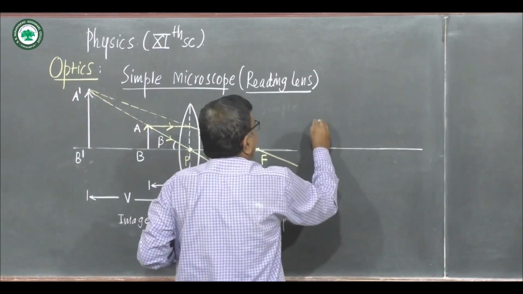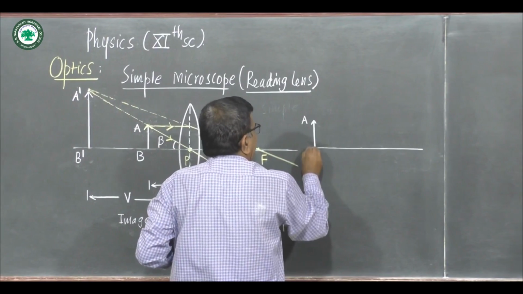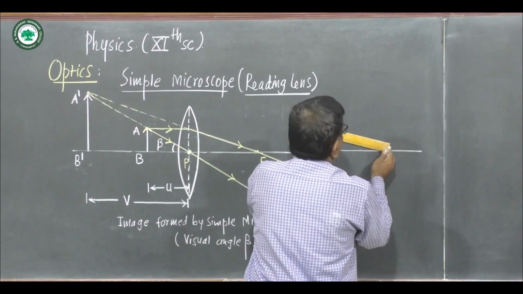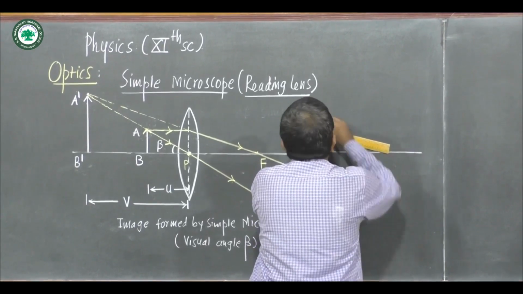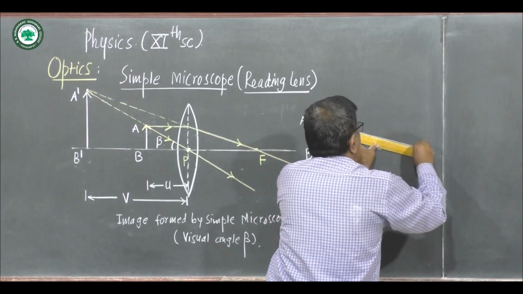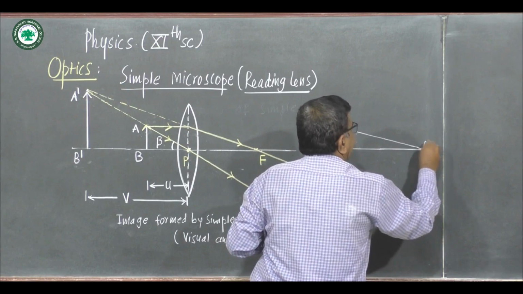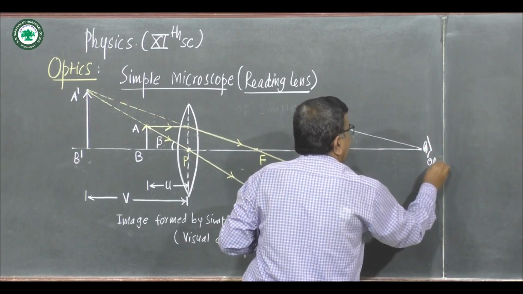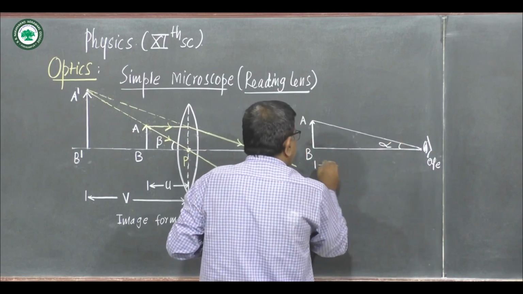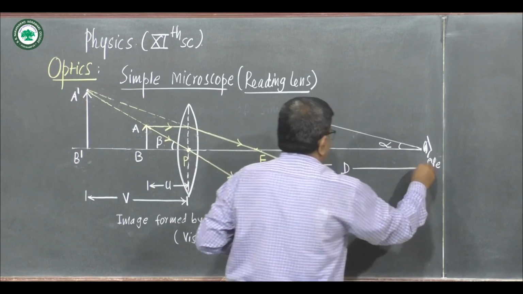If we see this object directly, this is I, this angle is alpha, and suppose this distance is d, that is the distance of distinct vision.